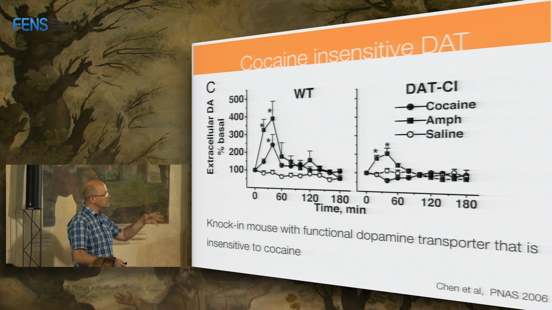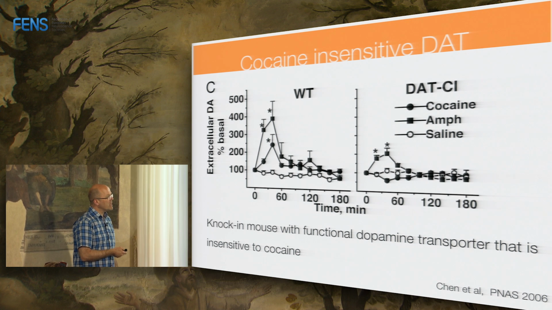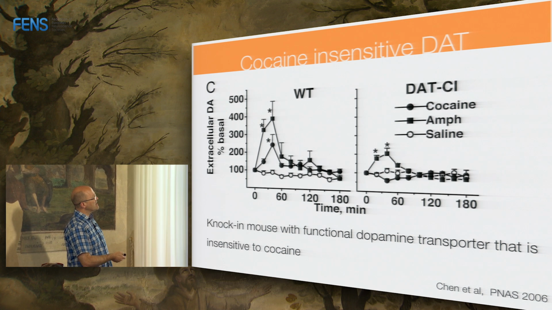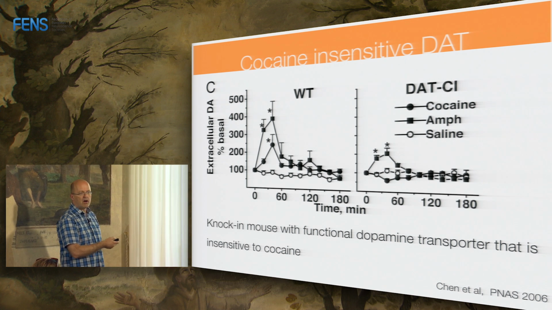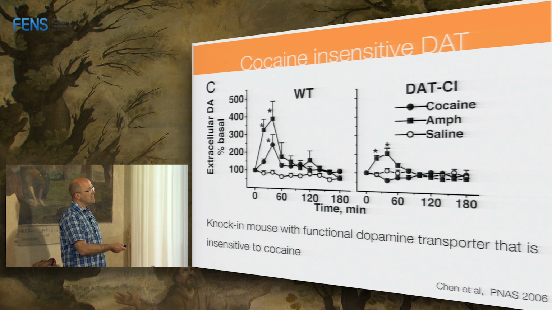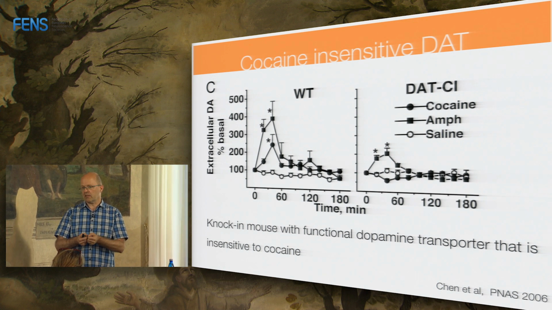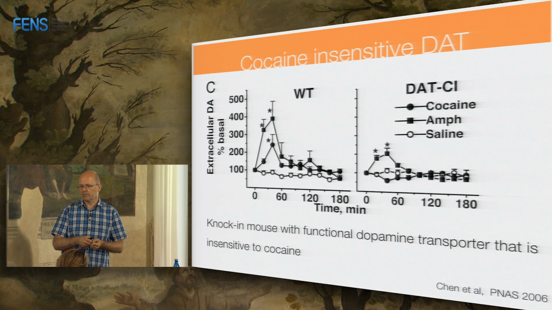It's not exactly the same, and under these circumstances, they were able to show that you had, in the wild type, of course, after cocaine, an increase in dopamine. That was also the case with amphetamines, but when they used the dopamine transporter knock-in, they totally lost that effect for cocaine, but it was maintained for amphetamine, which molecularly works slightly differently from cocaine.